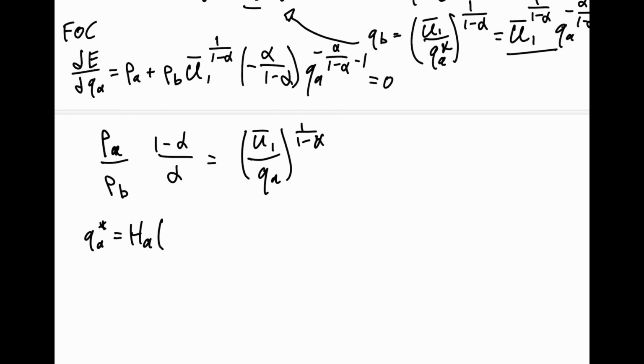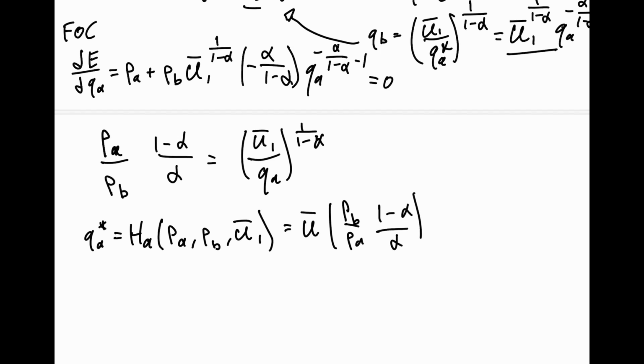So we have PA, PB, and U bar 1. And this just comes out to be U bar times PB over PA times 1 minus alpha over alpha raised to the power of alpha. Okay.